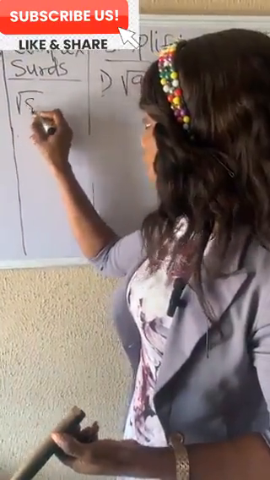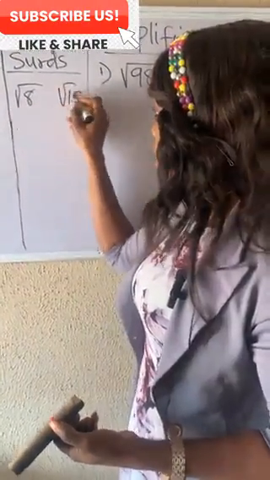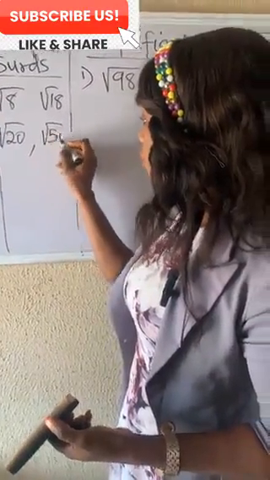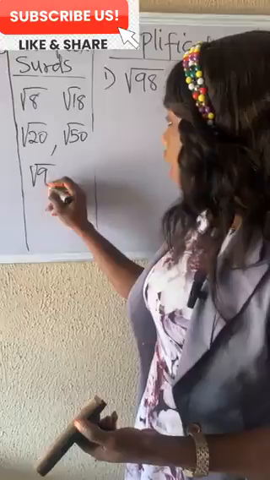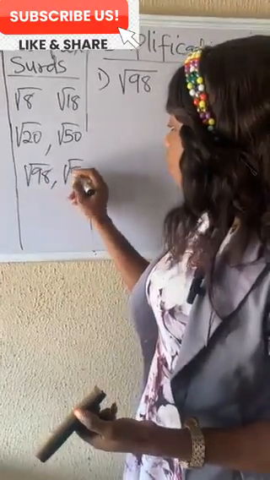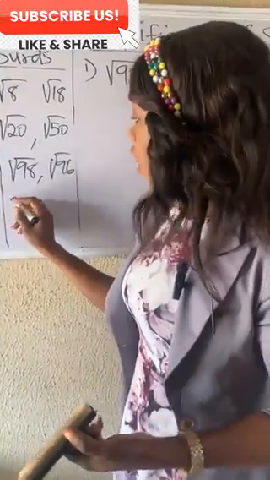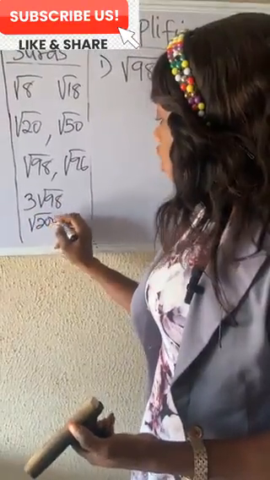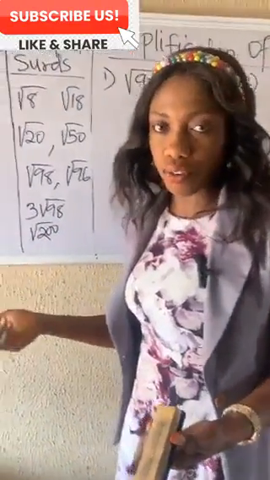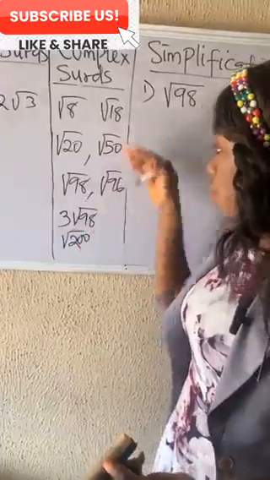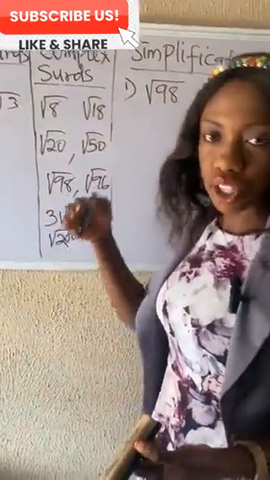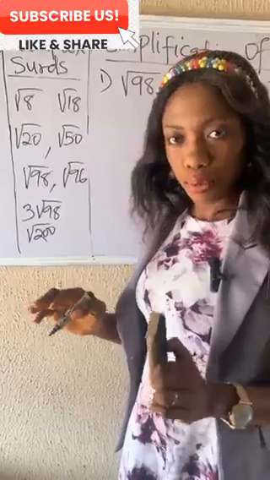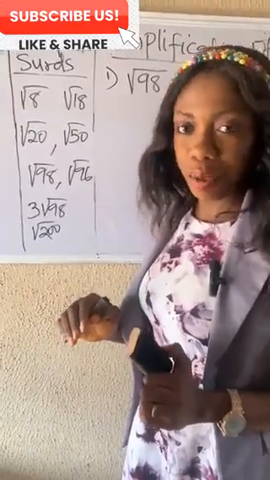You can have sod 8, sod 18, sod 20, sod 50, sod 98, sod 96, 3 sod 98, sod 200, and so many of them. So whenever you have this kind of sod, it's your duty to reduce them to the simplest form before you can use them to solve some problems. I hope you understood what I meant by that.